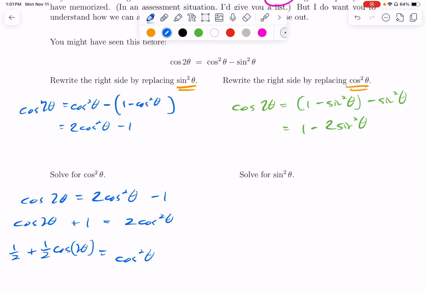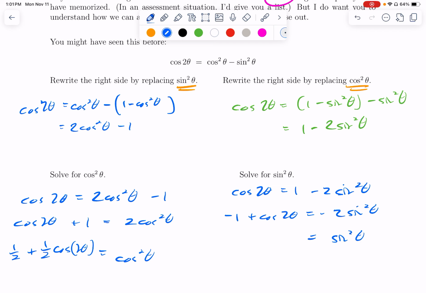And we can do something similar over here. We would have cosine of 2 theta is 1 minus 2 sine squared theta. So negative 1 plus cosine 2 theta equals negative 2 sine squared theta. Divide everything by negative 2.